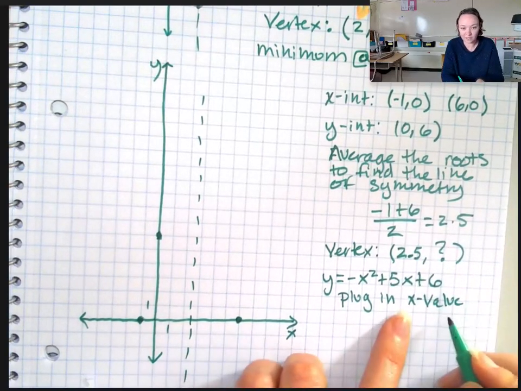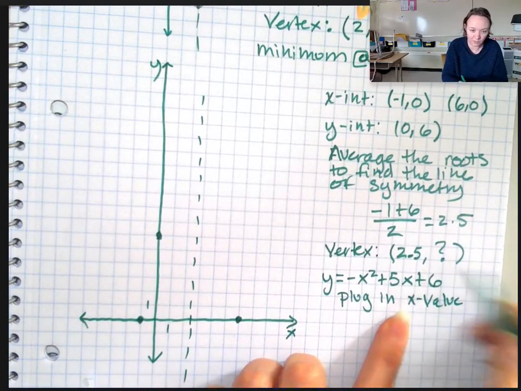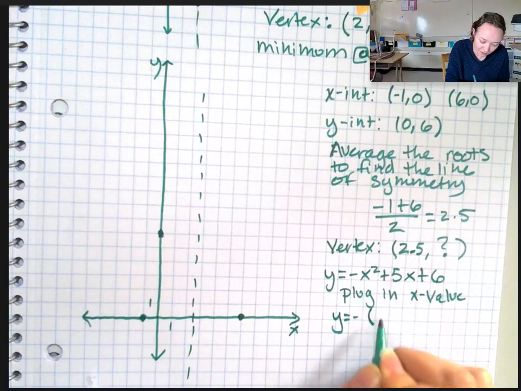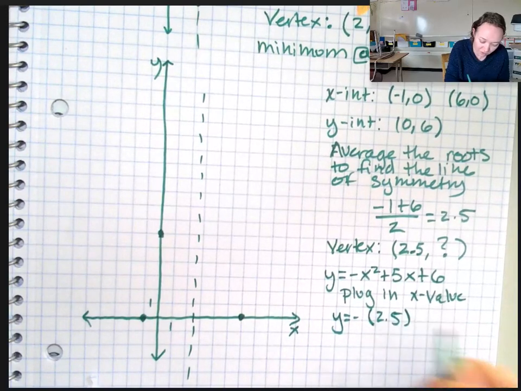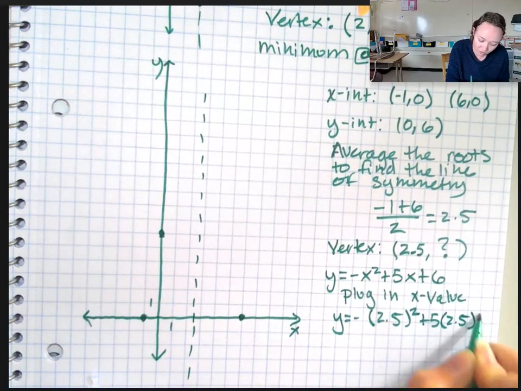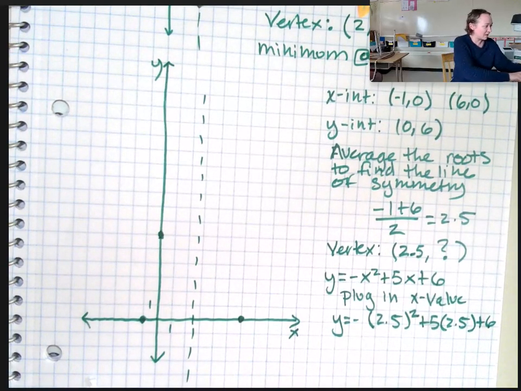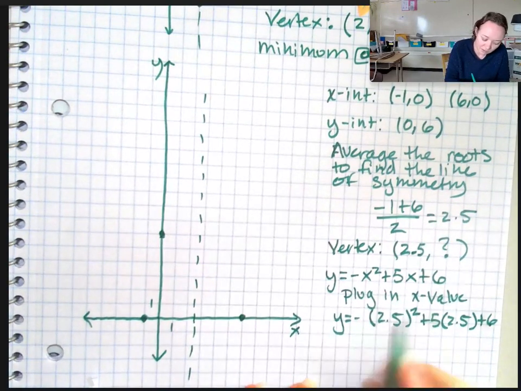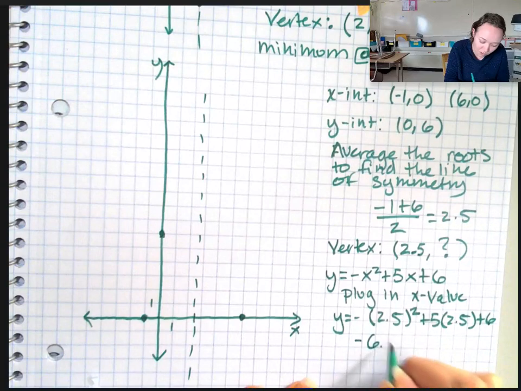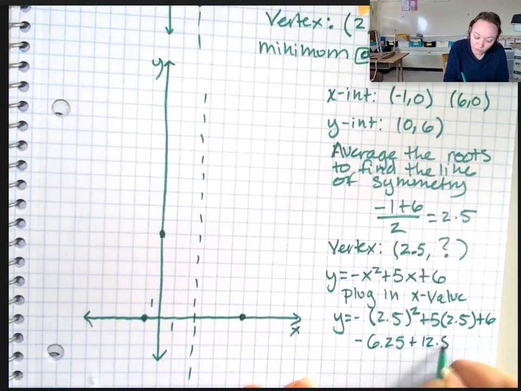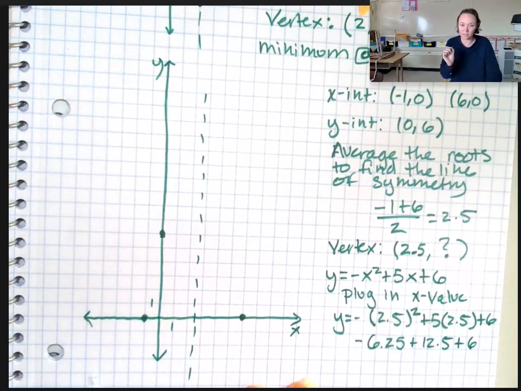And when we plug in that x value, it's going to give us the y value. So let's do it. We'll take y equals negative 2.5 squared plus 5 times 2.5 plus 6. And this is kind of yucky looking math. I might want to grab a calculator to help me figure out that this is going to be -6.25 plus 12.5 plus 6.